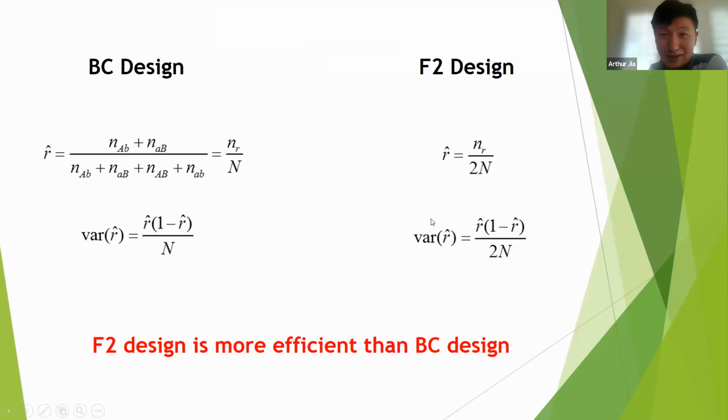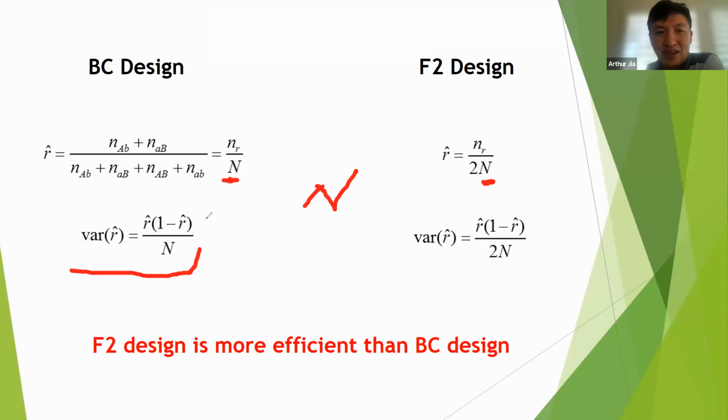All right, now, if I ask you why your F2 design is better than the backcross design: given the same sample size, suppose you got a grant from NSF to do the experiment and can only afford this many samples.